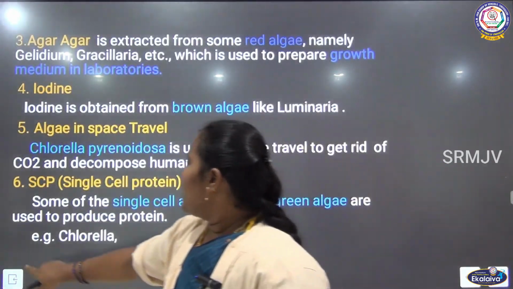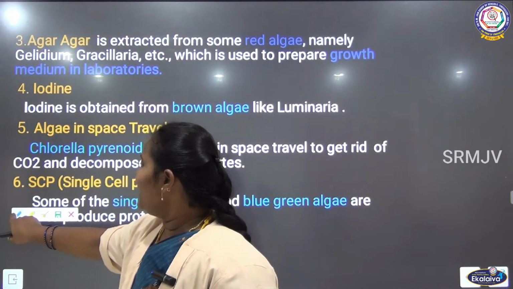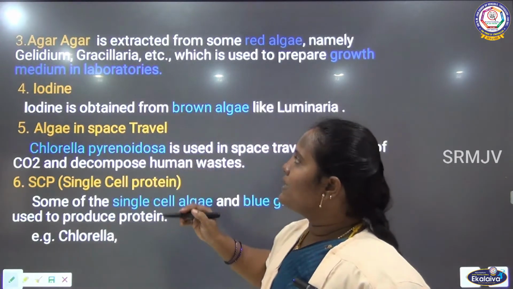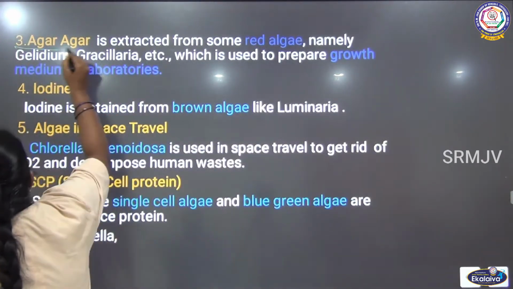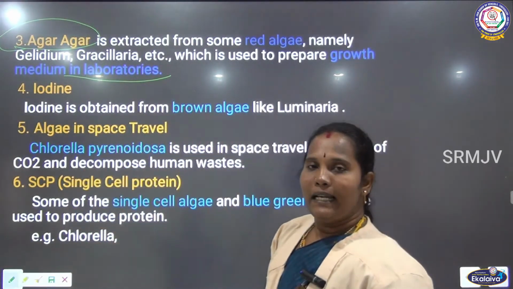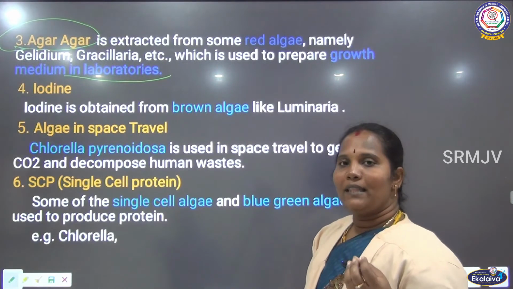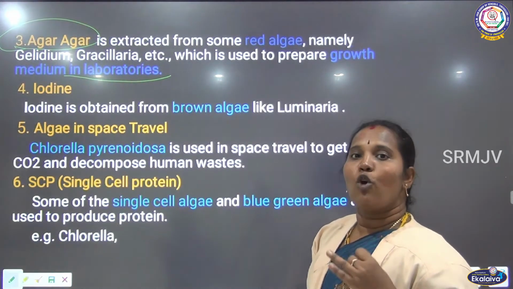Next one, agar-agar. Agar-agar is one of the algae. This agar-agar is mostly used in laboratories. In the biological laboratories, they are doing the tissue culture method and the cloning method.